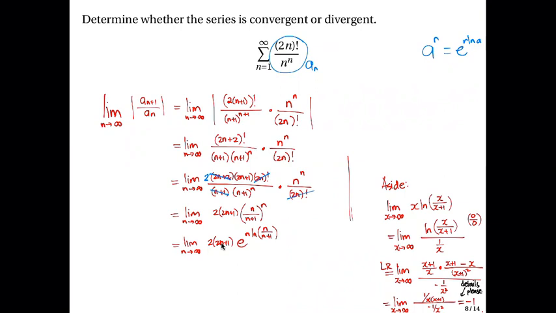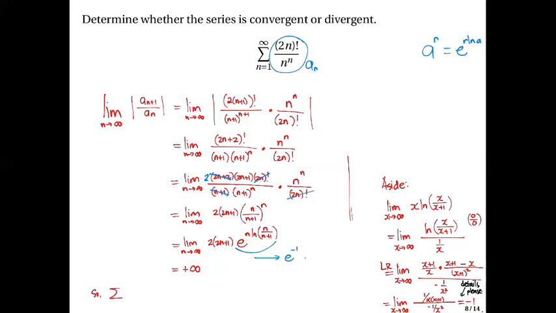So the point is, this will just go to plus infinity, while this guy here will go to e raised to negative 1. So this is plus infinity. This guy here is divergent. That's the whole point.